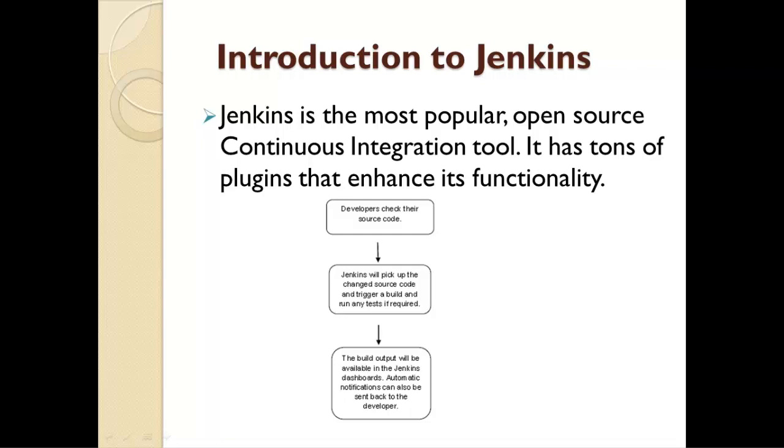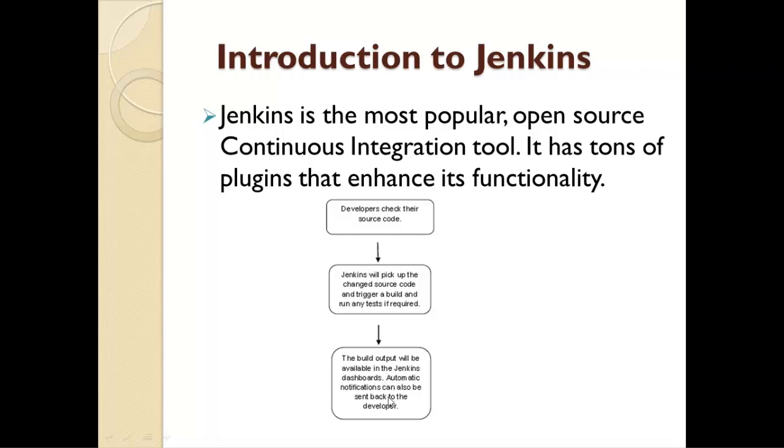This is the main advantage of this tool, and you can see the workflow in the image I have given. The developer checks in their source code. Next, Jenkins will pick up the changed source code, trigger a build and run any tests if required. The output will be available in the Jenkins dashboard.